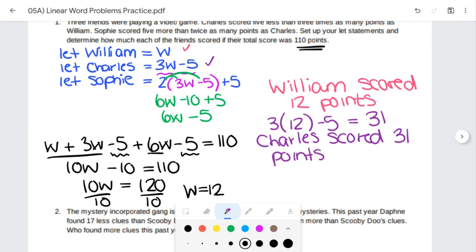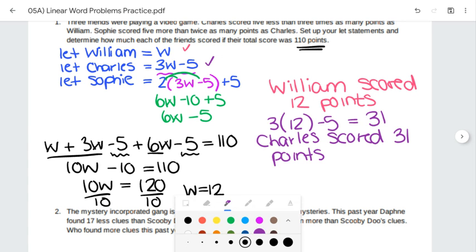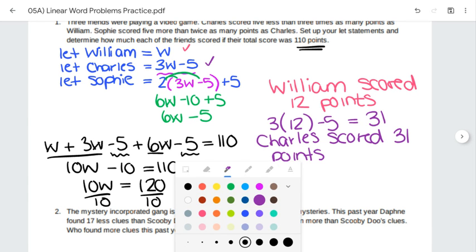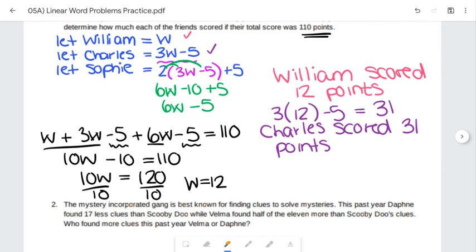And then finally we have Sophie. I could plug it into any part of this expression here, but I have that 6 times 12, subtract 5. We end up with 6 times 12 is 72. Subtract 5, we're looking at 67.